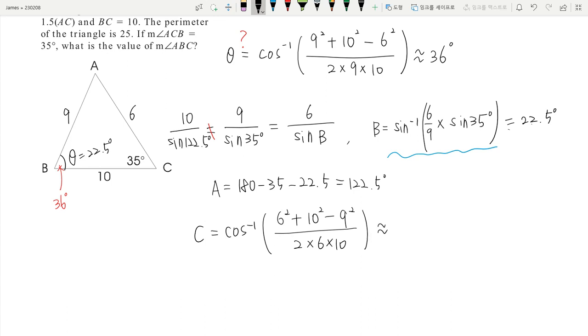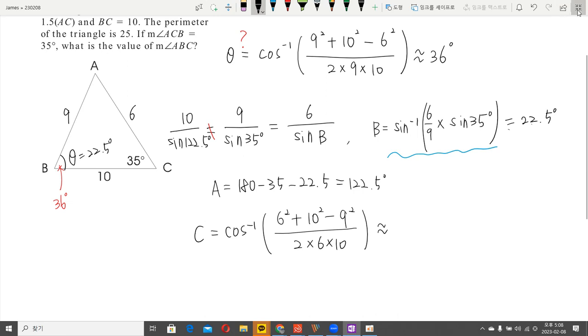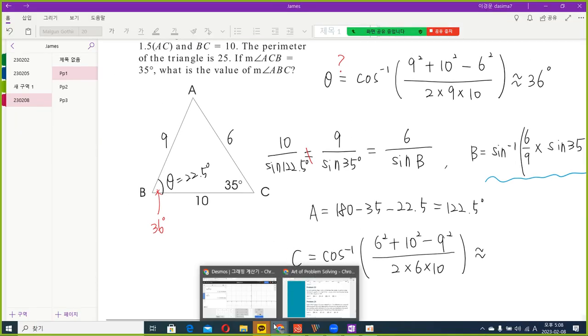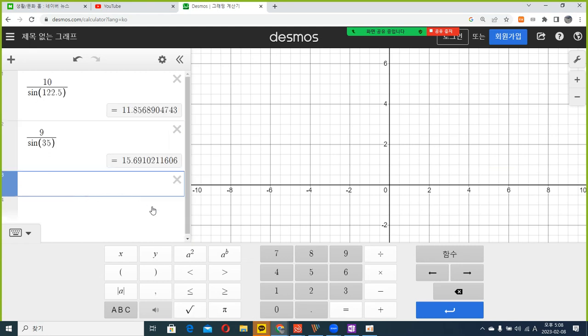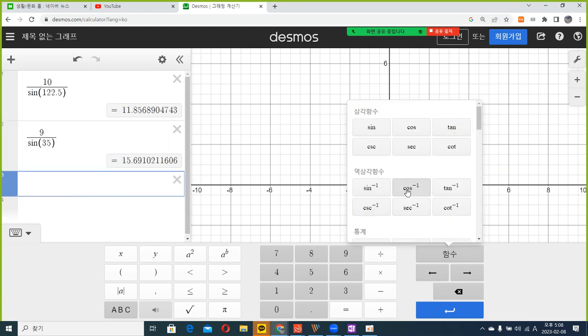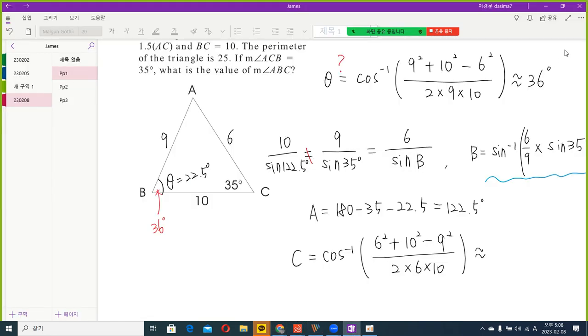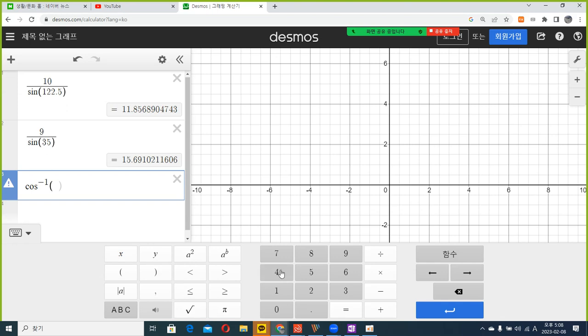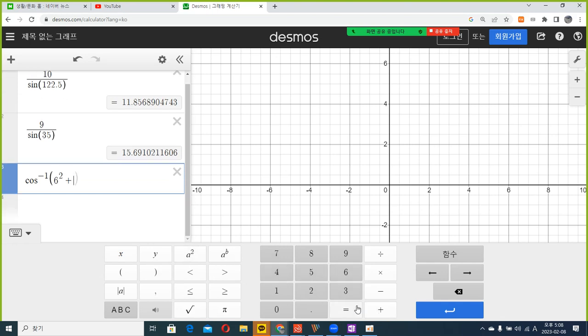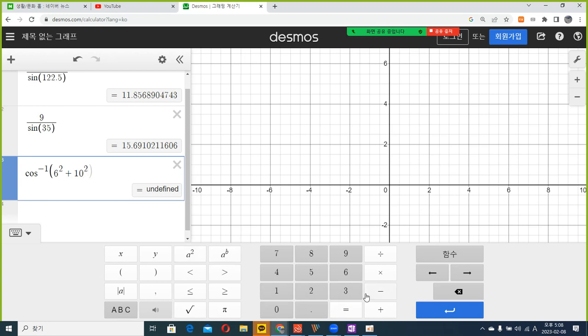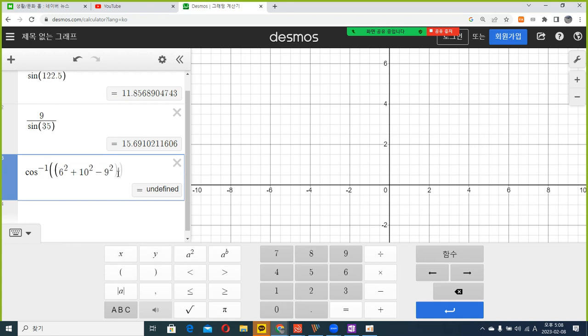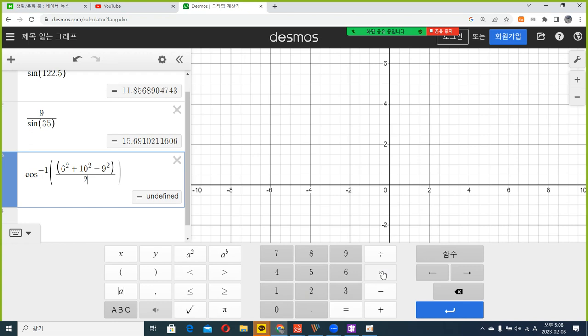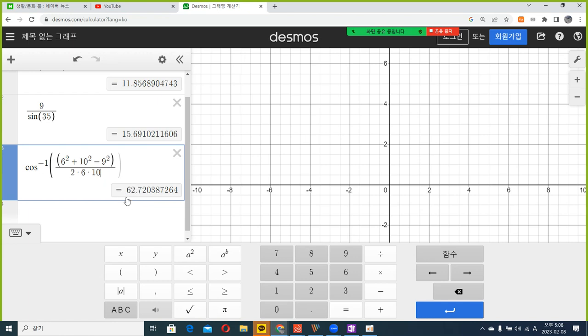Yes, so if we find this degree, the angle C is, let's say, 63 degrees.